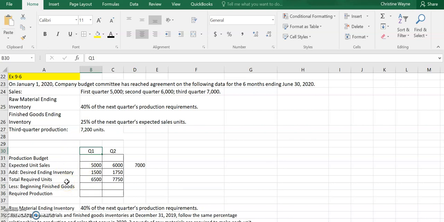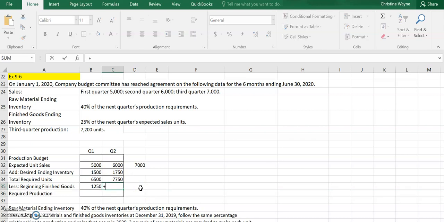to get that previous desired ending inventory. So I'm going to do the same thing here. To get my beginning inventory, I'm going to take my current expected sales and times that by 25%. Same thing here. We can always do this.